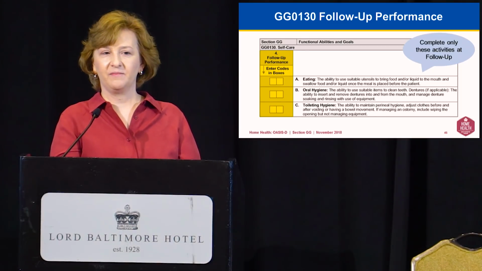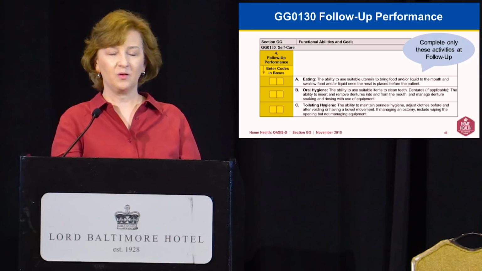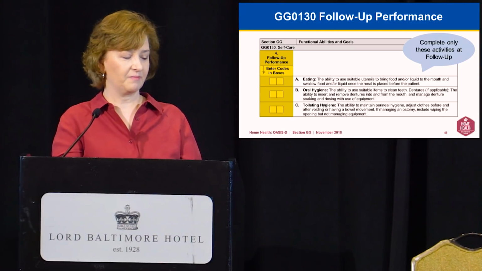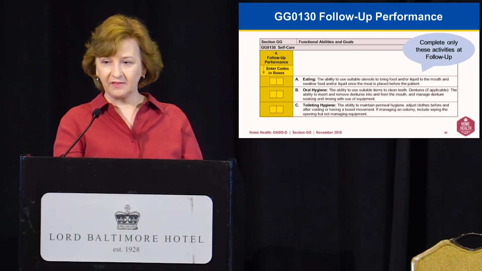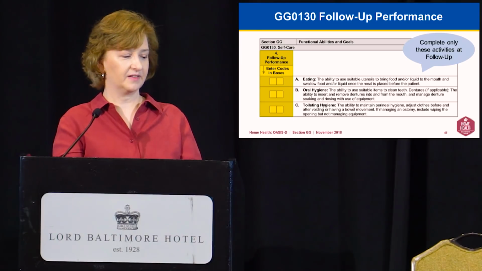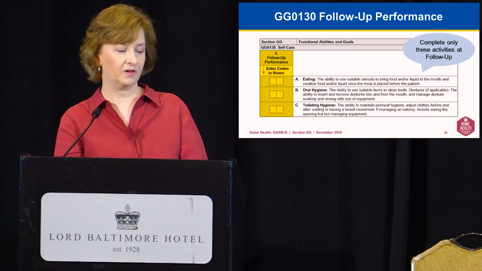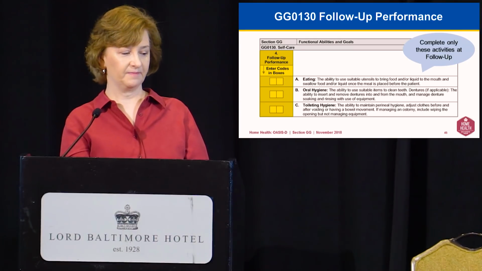In the situation when you're doing a follow-up performance assessment, there are actually 3 self-care items only on that assessment that would be completed, and those are eating, oral hygiene, and toileting hygiene.